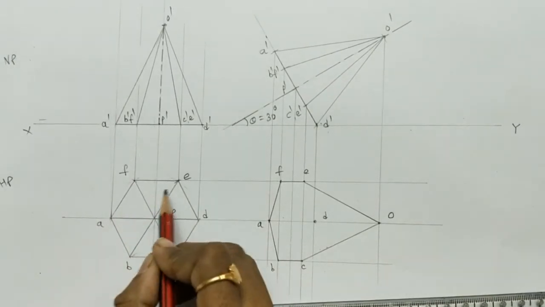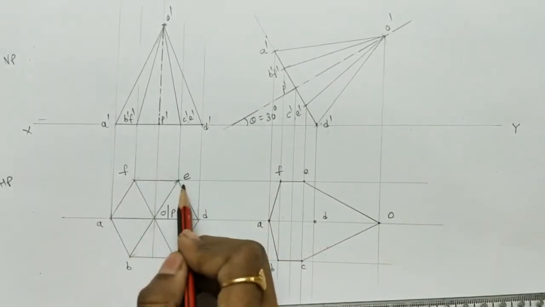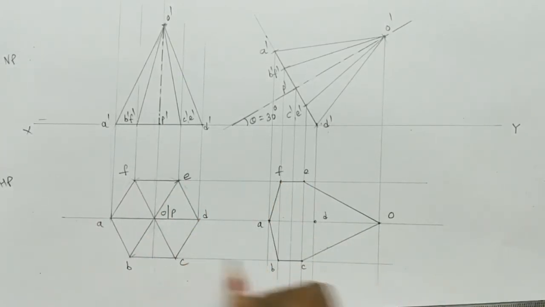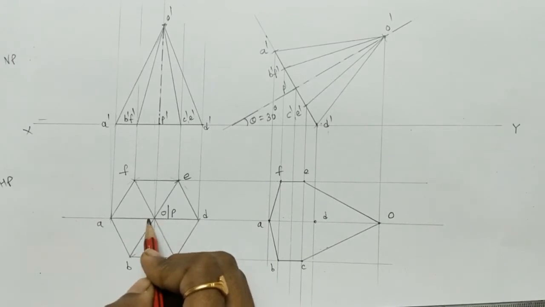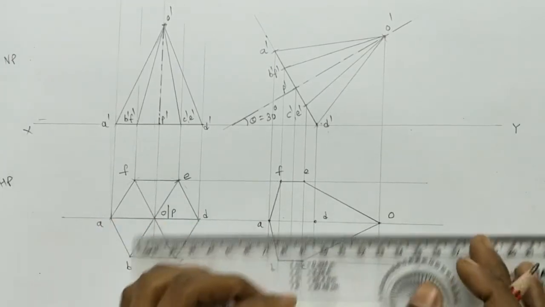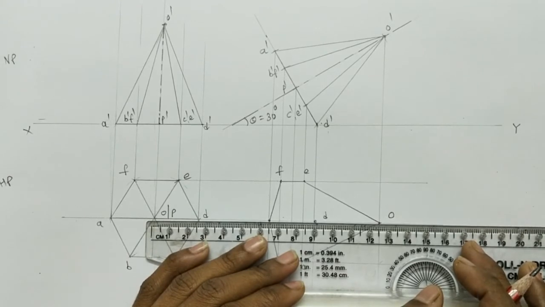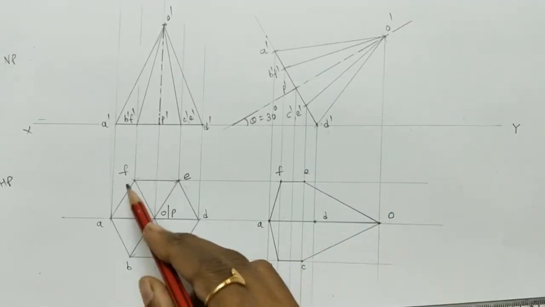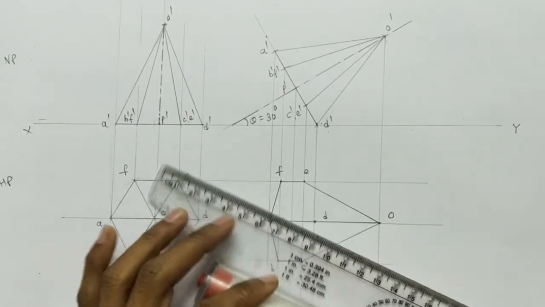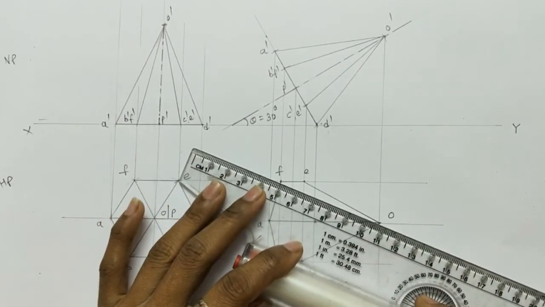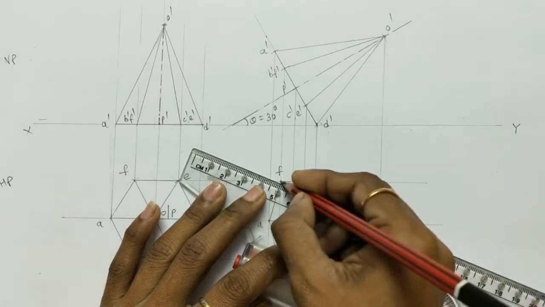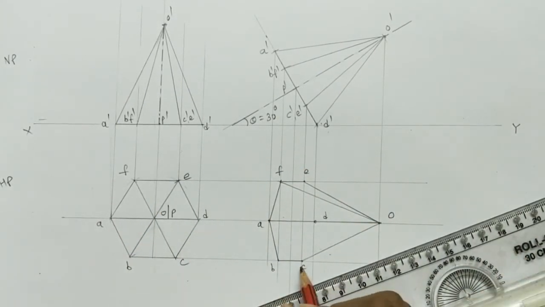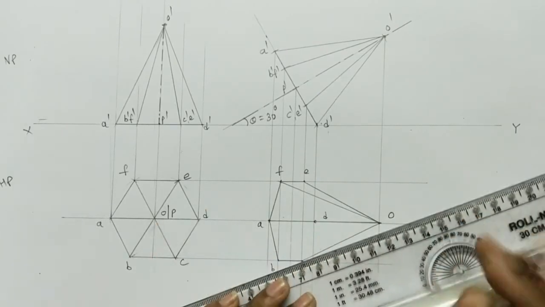Then see here and join all the points, that is EF. So EF already joined, CB already joined. Then this O point is joined to A and D. So join O point to A and D. Then O point is joined to F and C. So OF and C already joined, OC joined, then OB, join OB.